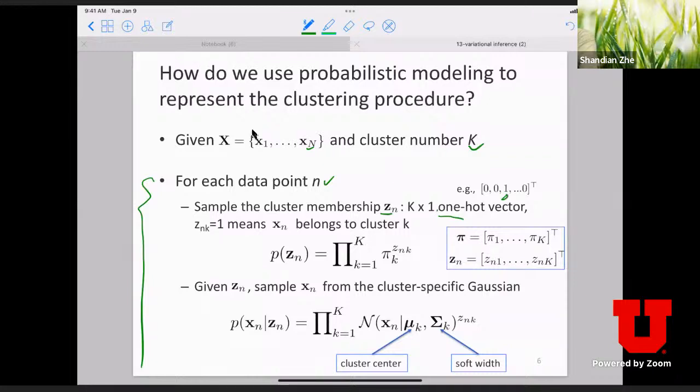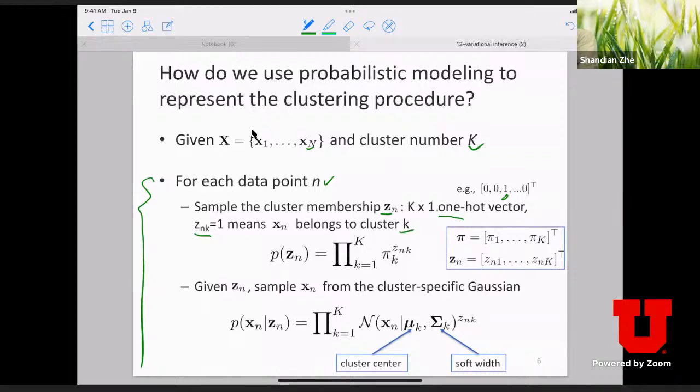If the third element is 1, that means this data point comes from cluster 3. If the fourth element is 1 and all the other elements are 0, that means this data point n comes from cluster 4, and so on. And Znk means the kth element in this one-hot encoding Zn. Znk is 1 means that Xn belongs to cluster k, or comes from cluster k.